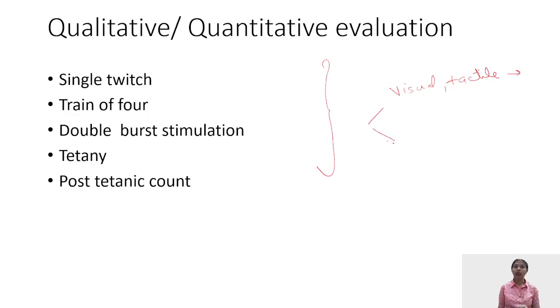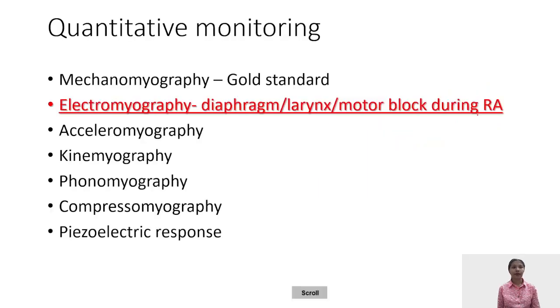And second, a quantitative analysis can also be done of them, which is the reliable method of neuromuscular monitoring. These are the single twitch, the train of 4, double burst stimulation, tetany and post-tetanic count. We'll come to them one by one in the further slides.